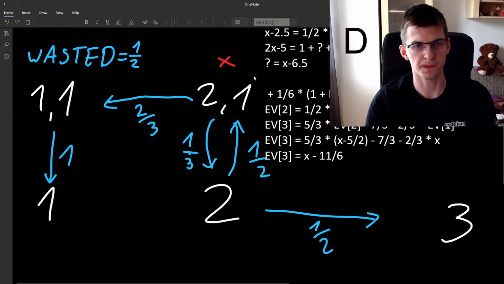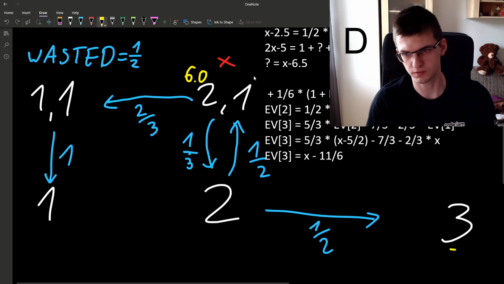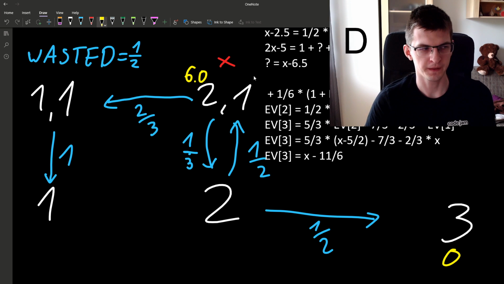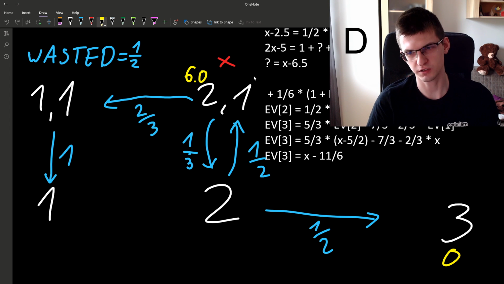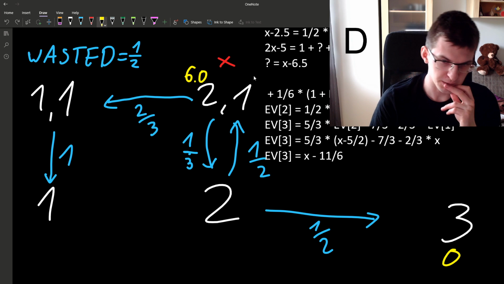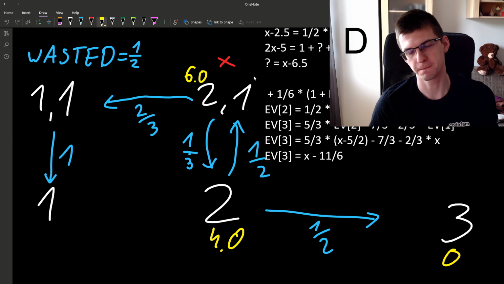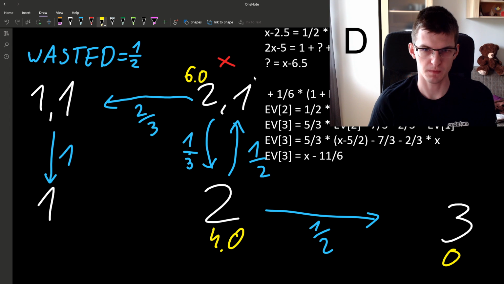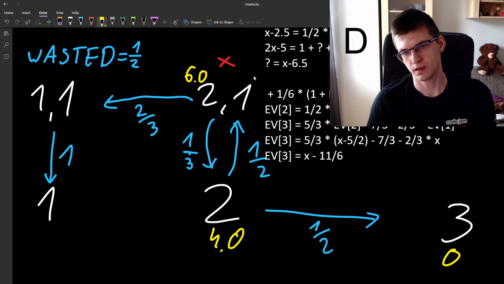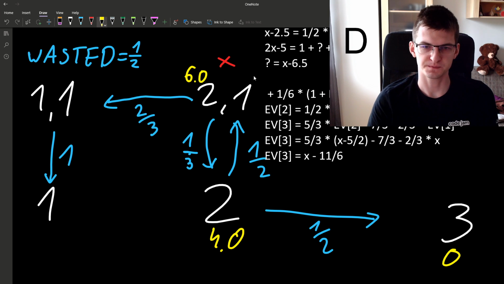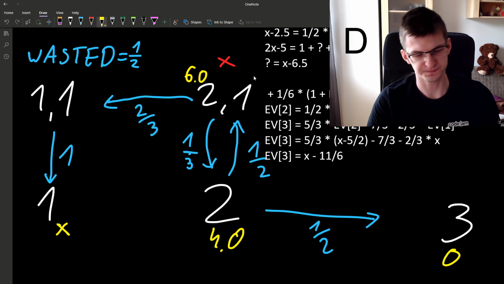So I can write it down. 0 here, 6.0 there. So from this, if assigning costs 1 operation, then being here and to the end, we'll have 4. Either we finish or we do that, but first we make an operation of doing that. Sure. Then I wonder what it should be here.